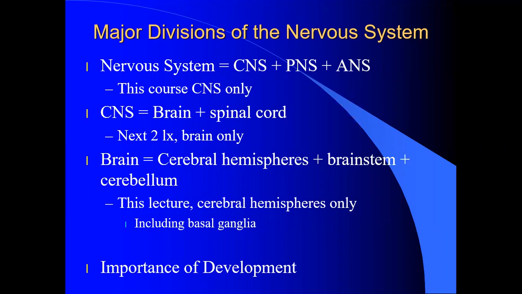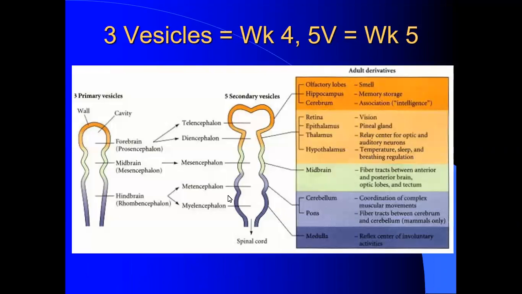Throughout the course, and certainly today, you're going to see the importance of embryology and development, starting right now. There will be lectures on embryology, and we will get to lots of detail. But just as an introduction, at 4 weeks of gestation, the developing embryo has three primary vesicles in the nervous system.